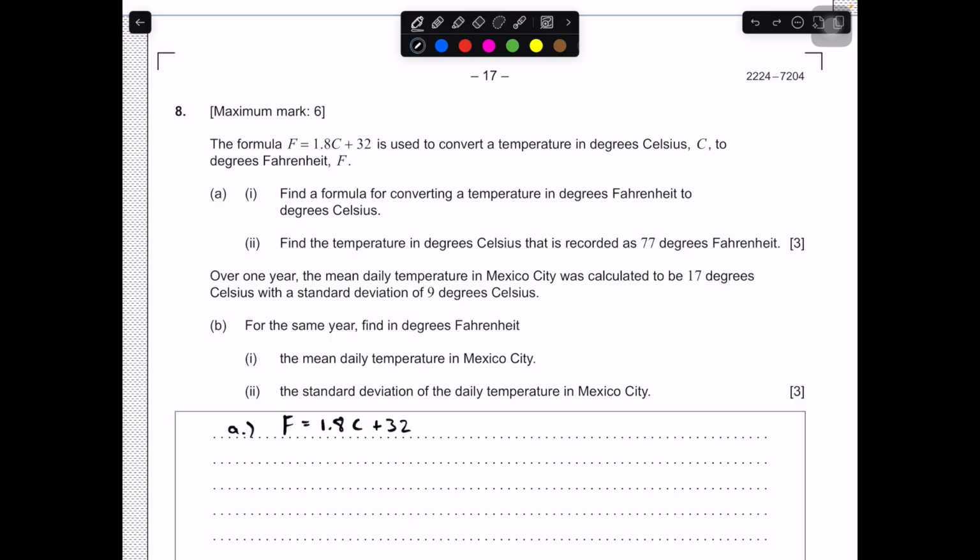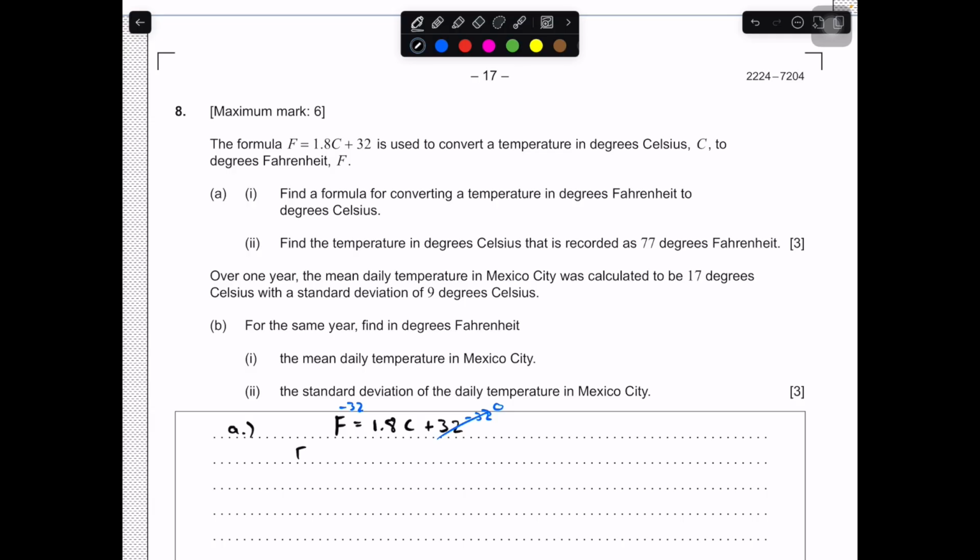So, what can we do? We're going to need to get C all by itself. And to do this, we have to draw on some of your earlier algebra skills. First thing, use order of operations. Take away 32 from both sides. 32 minus 32 goes to 0. What do we have now?